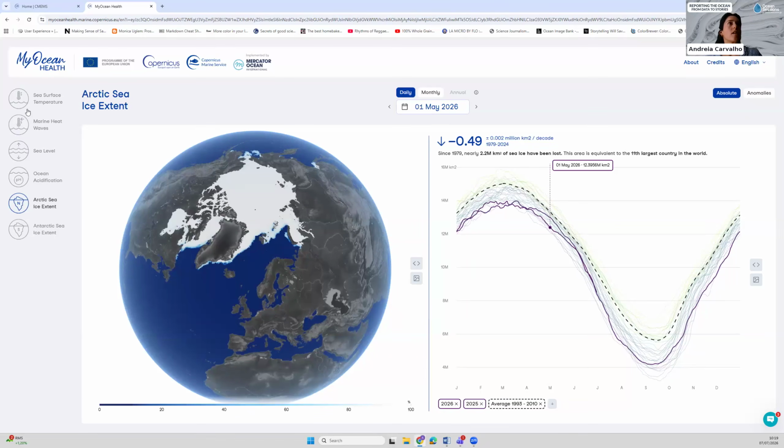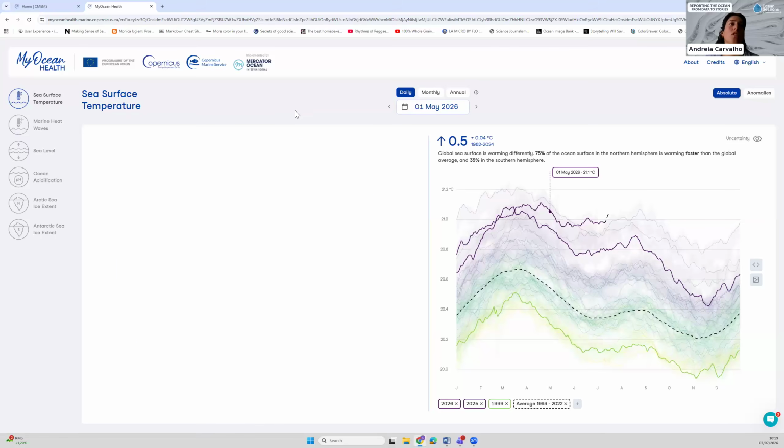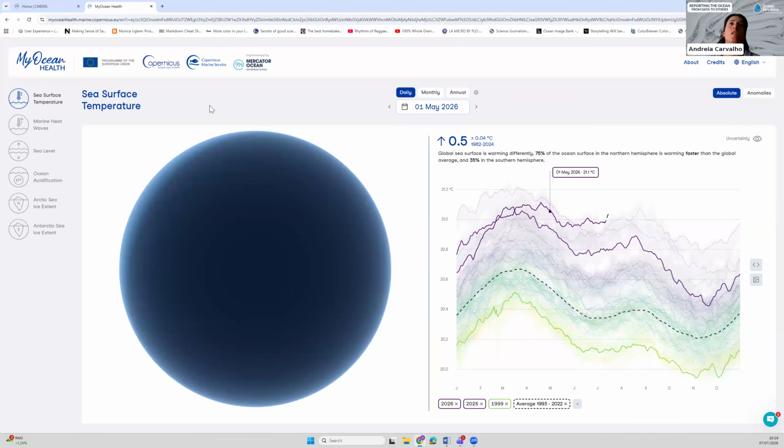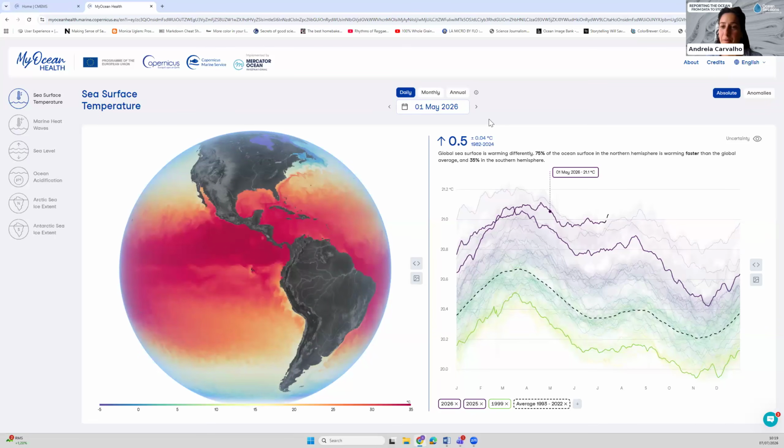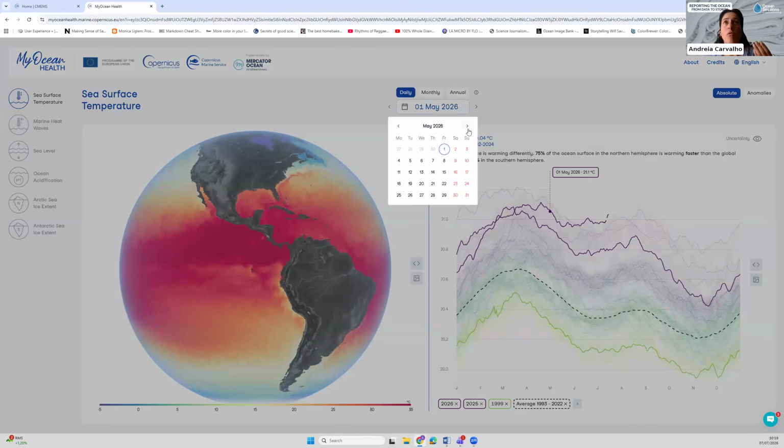I think we are almost at the end of my demonstration. This is all I had to show you. This is definitely a very informative tool that we hope can inform the public on the current state of the ocean, and even on predictions or forecasts over a few days.